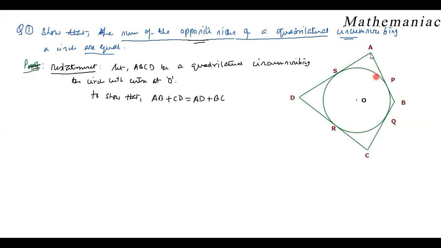So from A, we are getting these two adjacent sides of the quadrilateral as tangents. Our second theorem says that the lengths of the tangents are equal. So I can get AS equal to AP. Similar reasoning I can give for these two, similarly for these two and these two. I do not have to draw any construction.